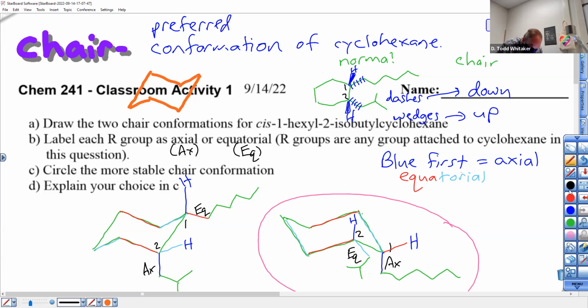So if you have a group here and anything over here, H or R can be anything. Let's put H there. I'll put another H here. There's a bad interaction here because they're close in space.